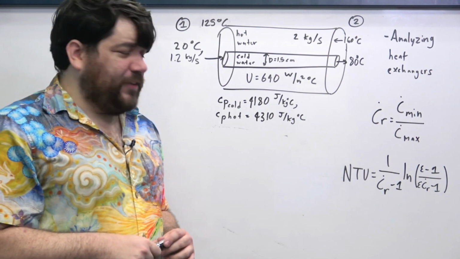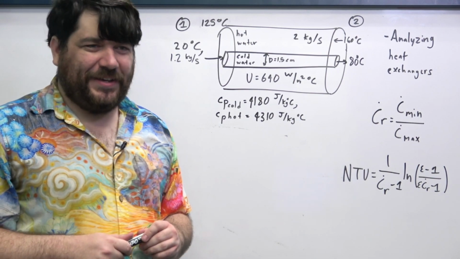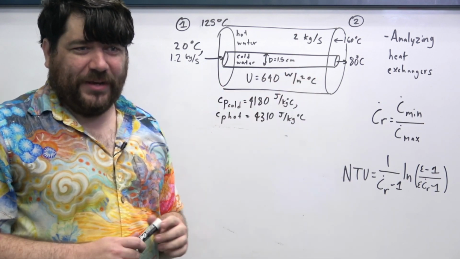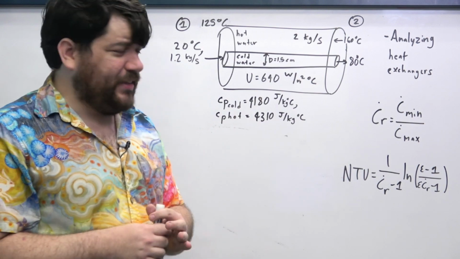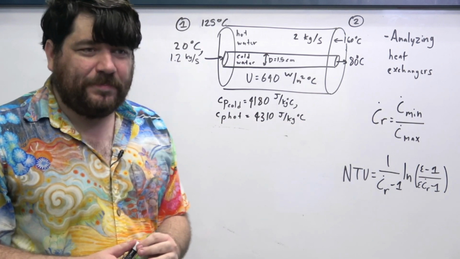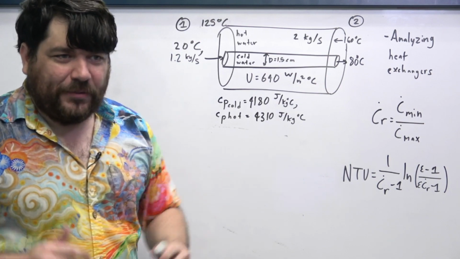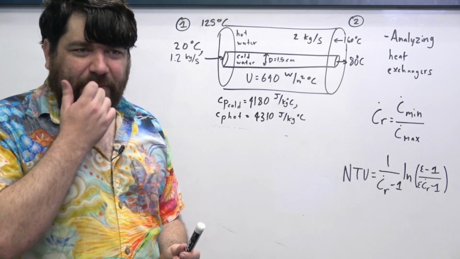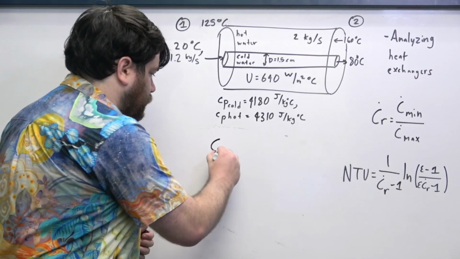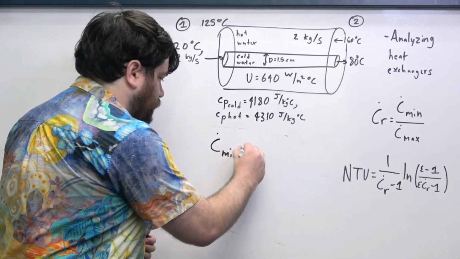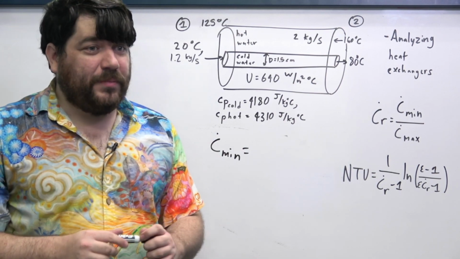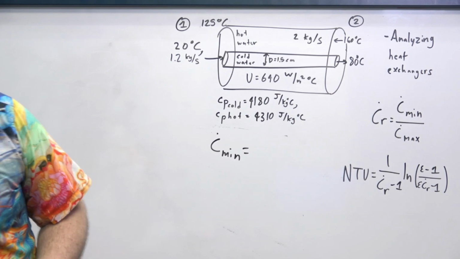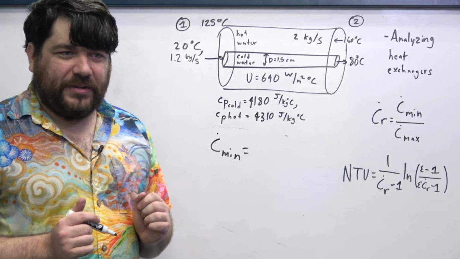Now, first things first, can we calculate the heat capacity rate ratios? Sure. We have the specific heat capacities, we have the mass flow rates. We can just calculate these things, figure out which one's the minimum, and divide it by the other one. So what are those values? Like, what do we wind up getting? Well, the minimum heat capacity rate, it turns out, when you actually perform the calculation, is the one for the cold liquid, right?